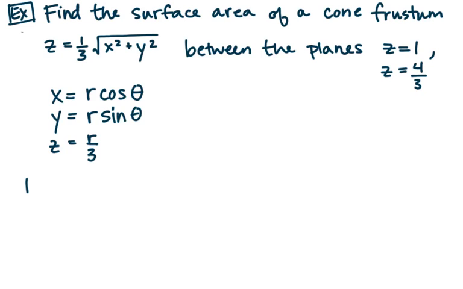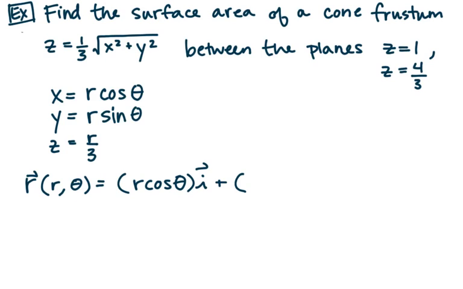So that means my r of uv, or in this case, r of r theta, is r cosine theta i plus r sine theta j plus r over 3 k. Now, in order to find surface area, remember we need the partial of r with respect to each variable, in this case r and theta.